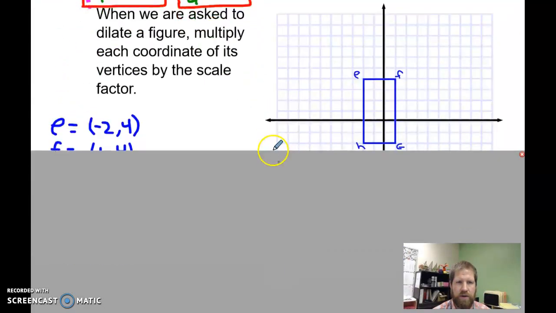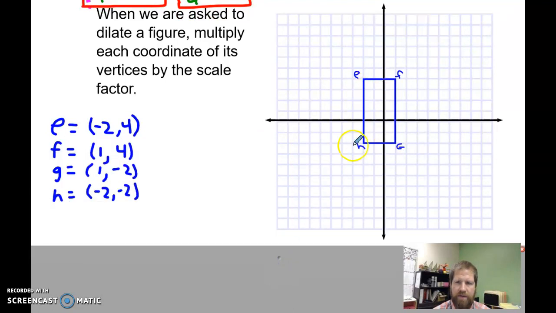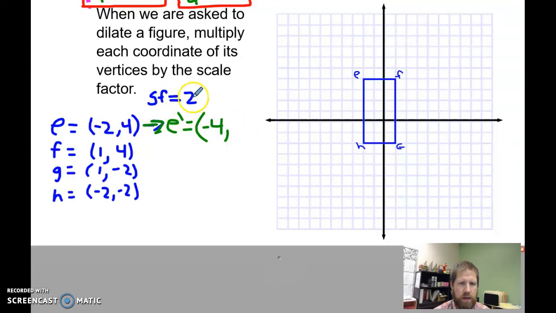Okay, so when we're asked to go the other way, we're given a figure and asked to dilate it by a scale factor of, we'll keep it simple for this one, 2. What you're going to do is basically multiply each coordinate, each value, by 2. So E is going to turn into E prime, and that is equal to 2 times negative 2 and 2 times 4.